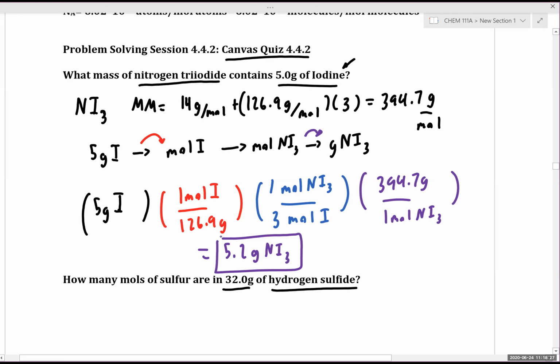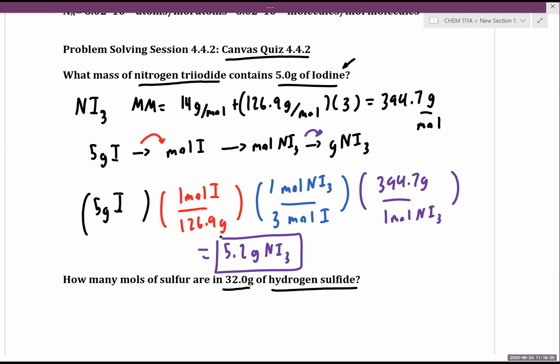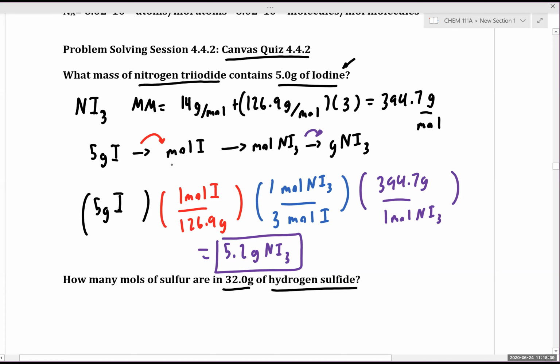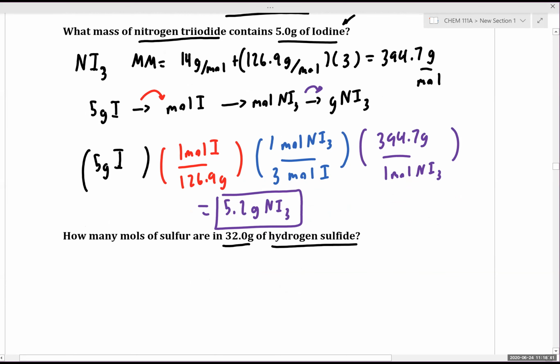As I didn't see a ton of responses for this Canvas quiz, I'd like everyone to take about another 2 minutes, and considering what we've covered for this first example, I'd like you to reattempt this second problem.